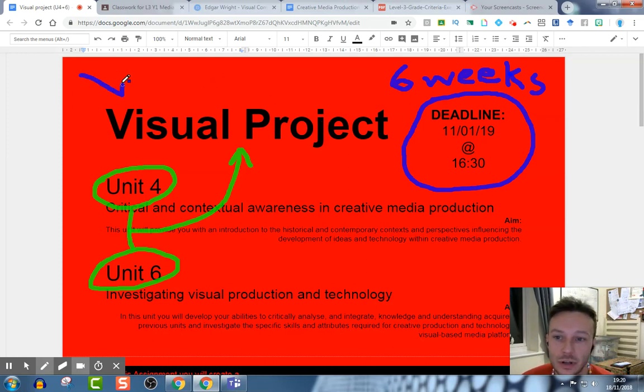So the visual project is going to provide you this time, support and framework and lectures leading up to what essentially is going to be 2 bits of work you're going to hand in at the end. Let's have a look.